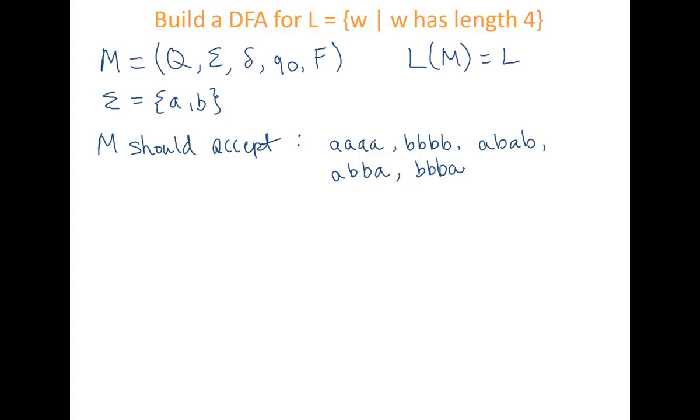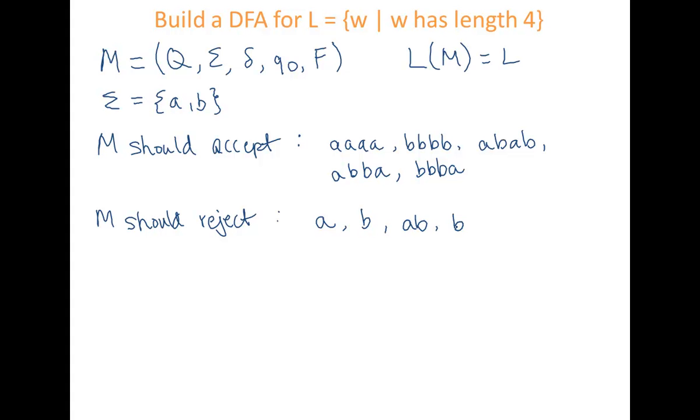Let's get some examples of strings that M should not accept. So M should reject strings that are not in L. Notice that the defining characteristic here is the length of the string. So M should reject strings that are not length 4. It should reject the string A. It should reject the string B. It should reject AB.